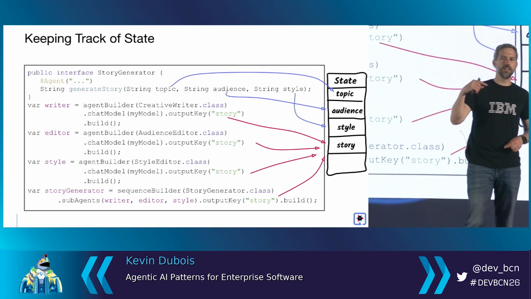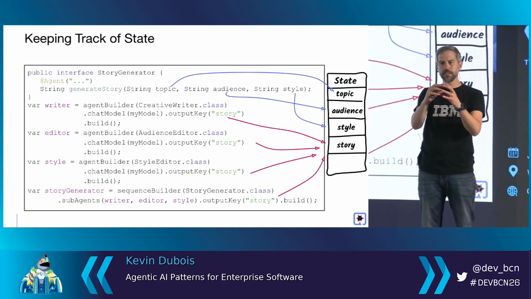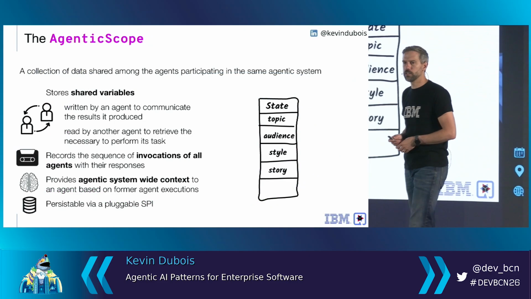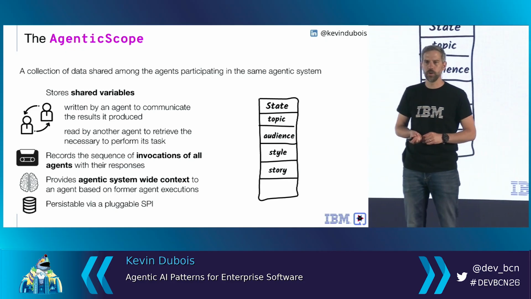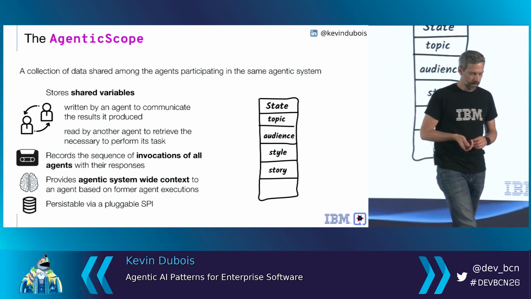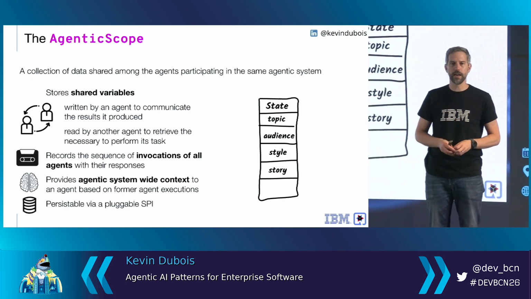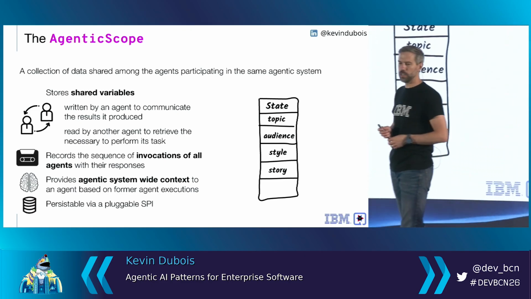But that story needs to be updated every time by each agent. So the agent has access to this kind of shared state, and that's what is called the agentic scope. And this agentic scope is another kind of important key topic in agentic systems, because you want to be able to keep track of inputs, outputs, and also the invocations of the agents, which I'll talk about later.